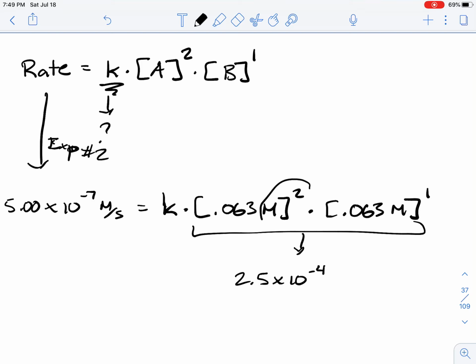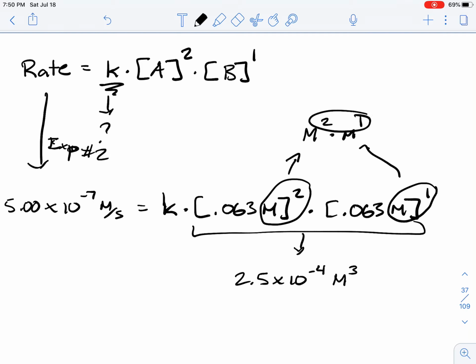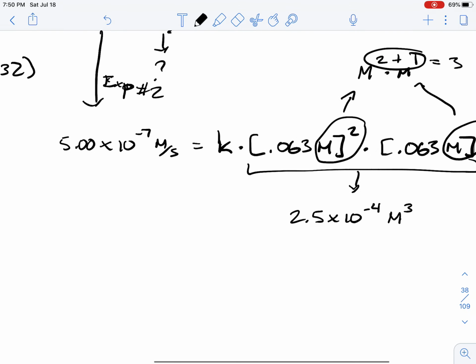And once again, remember that we have to consider the exponent in our units. So this is going to be M to the third. Right, so this is essentially M to the second times M to the first. And when you multiply your terms with exponents, you're basically adding the exponents. So this is going to be 2 plus 1 is equal to 3. All right, and so I'm going to go ahead and solve for k. So I'm going to divide 2.5 times 10 to the negative 4 over to the other side.